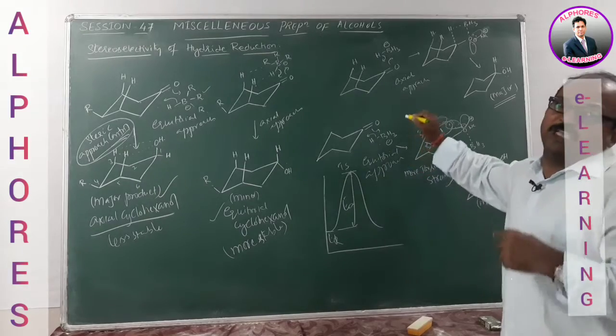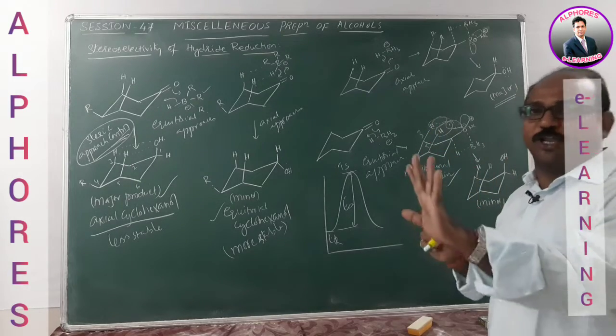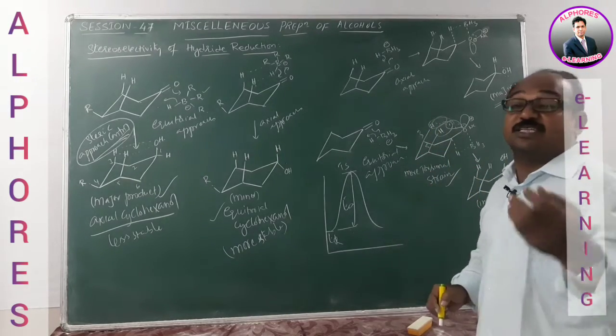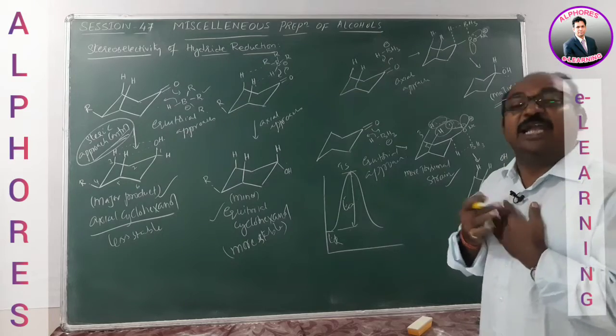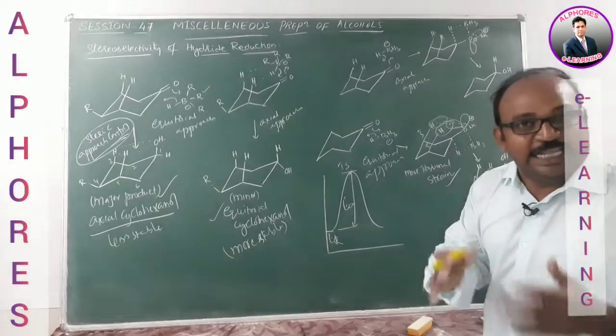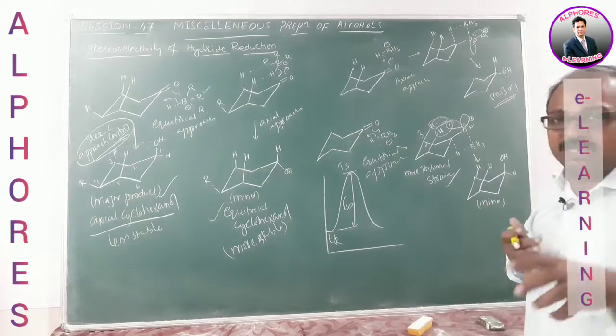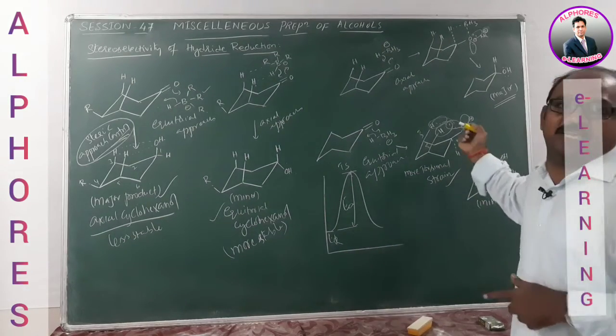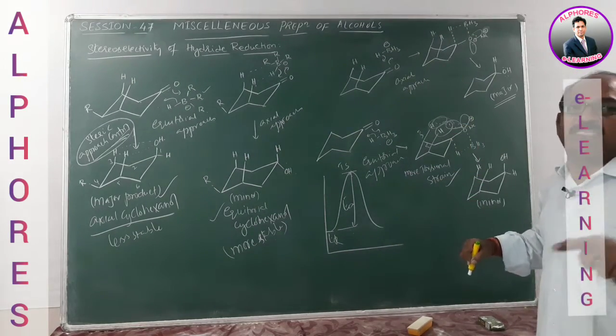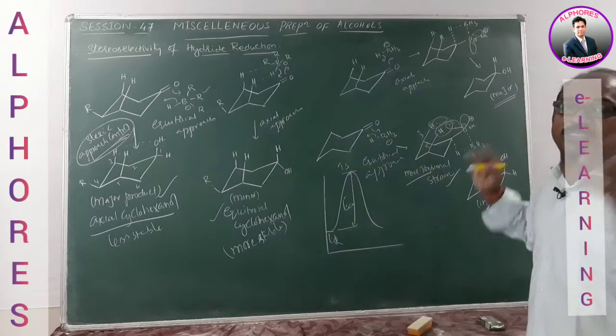If BH4 minus approaches in equatorial direction, in such a case what happens? It is facing less hindrance, and the resultant formed transition state faces more torsional strain.